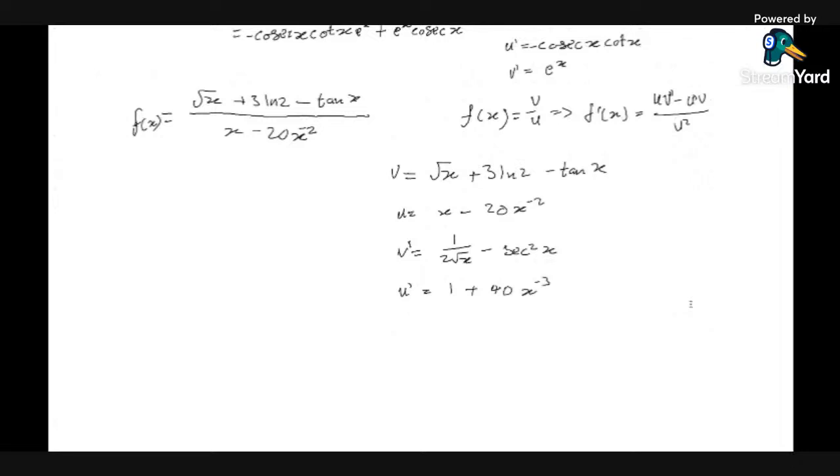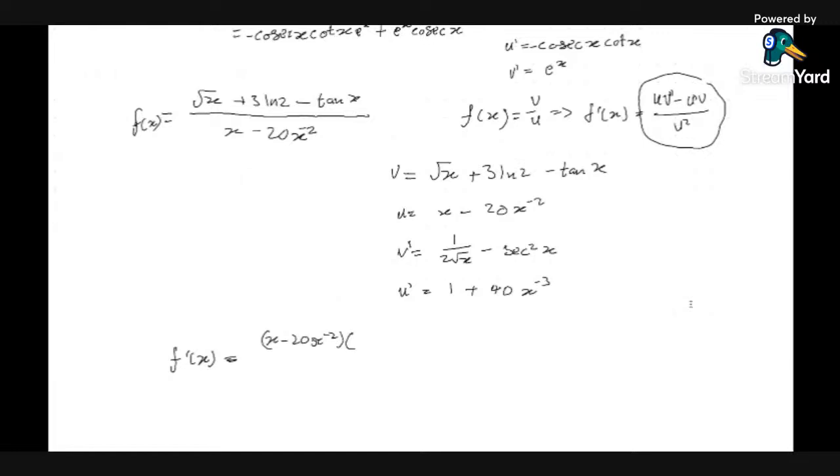So what you need to do now is multiply everything with everything according to this formula. I start with u first. U is basically given by x minus 20 x to the power of -2. And then it is times v prime. V prime is given by that.